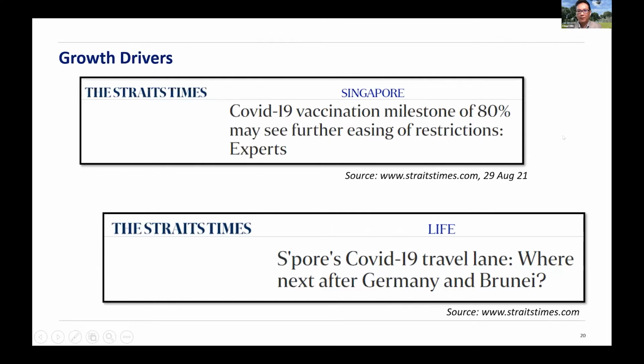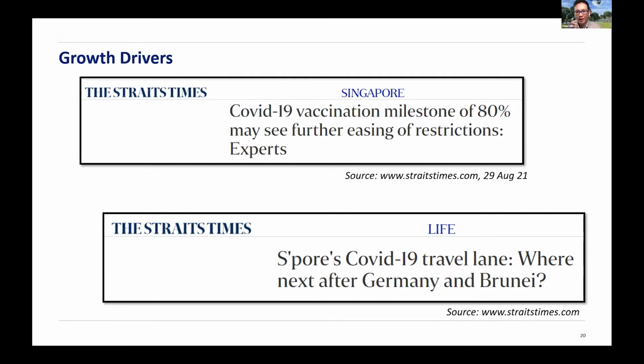Based on this, our government has already changed the way they deal with COVID. Previously, our government was very focused on controlling COVID. They wanted to bring the cases down to zero. In fact, this is what all of us would be praying for. Every day, zero cases.